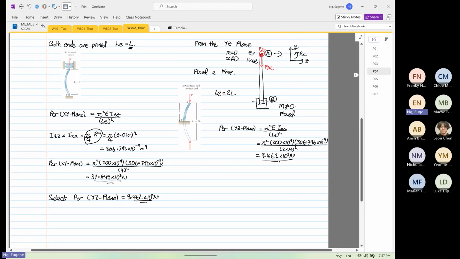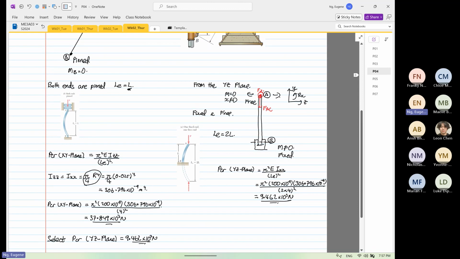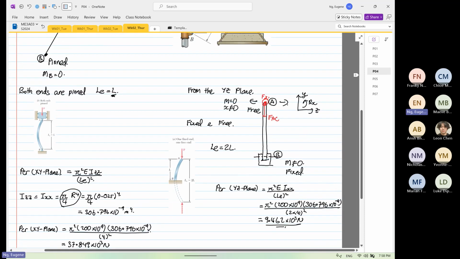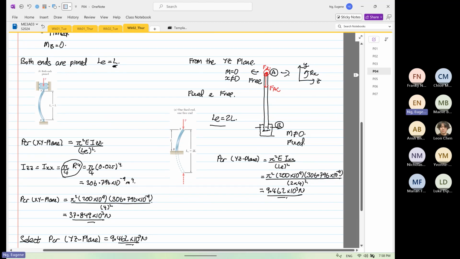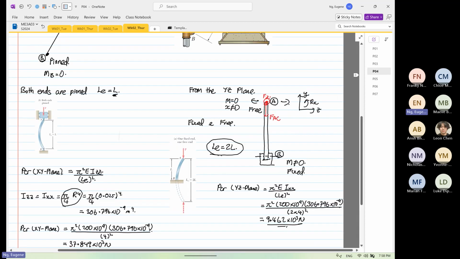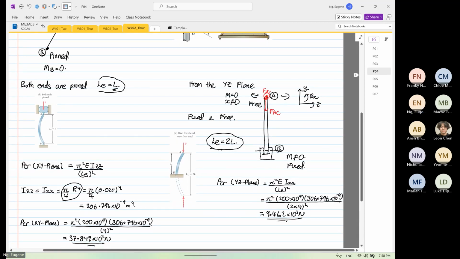And I think a key indicator, a lot of times students make mistakes, is due to the fact that the LE is different between the two axes.